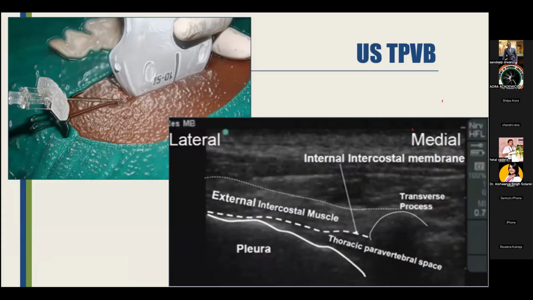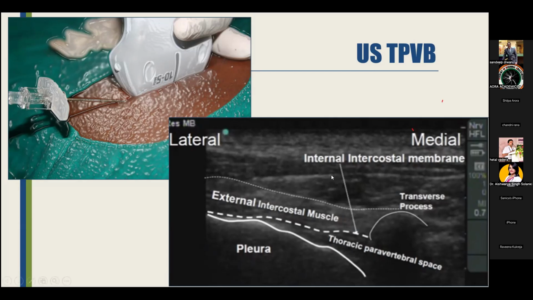So we started using the ultrasound thoracic paravertebral blocks after the emergence of the ultrasound. And I used to use the medial oblique technique, trying to identify the internal intercostal membrane, and then going still more medially, you will try to identify the costotransverse ligament.